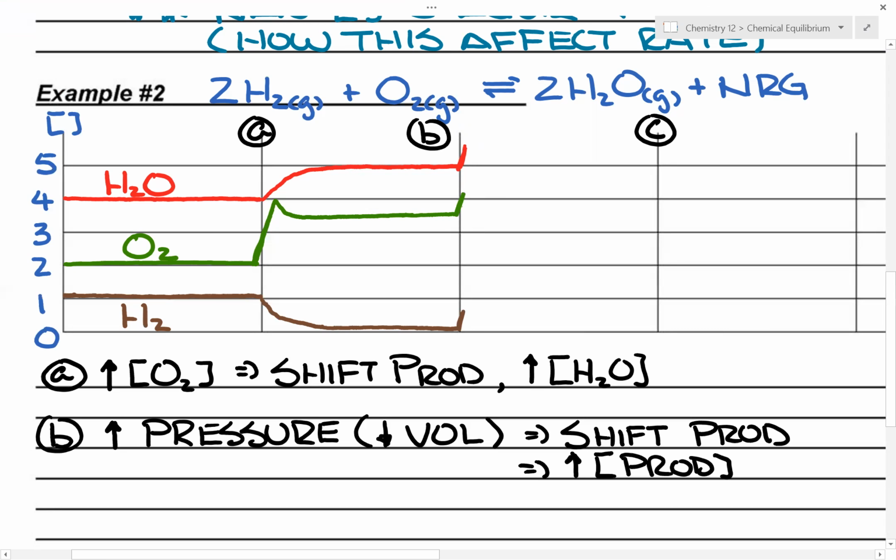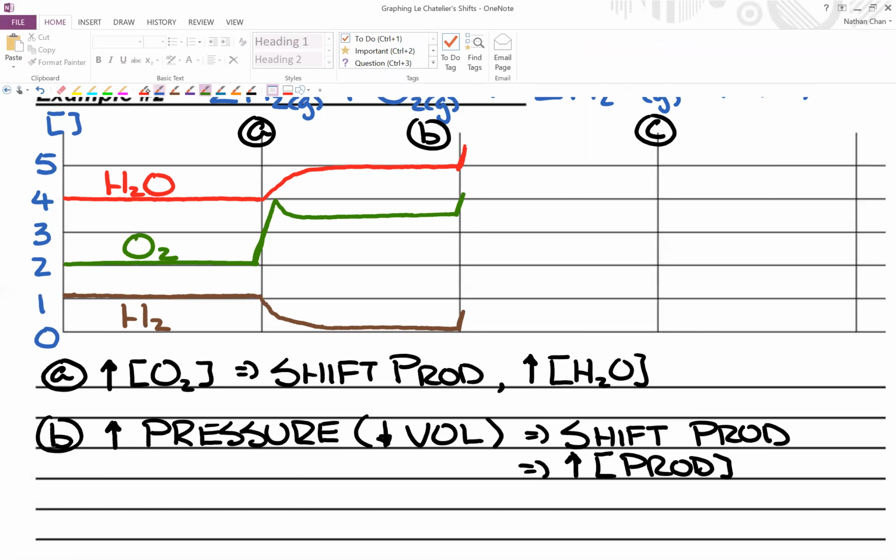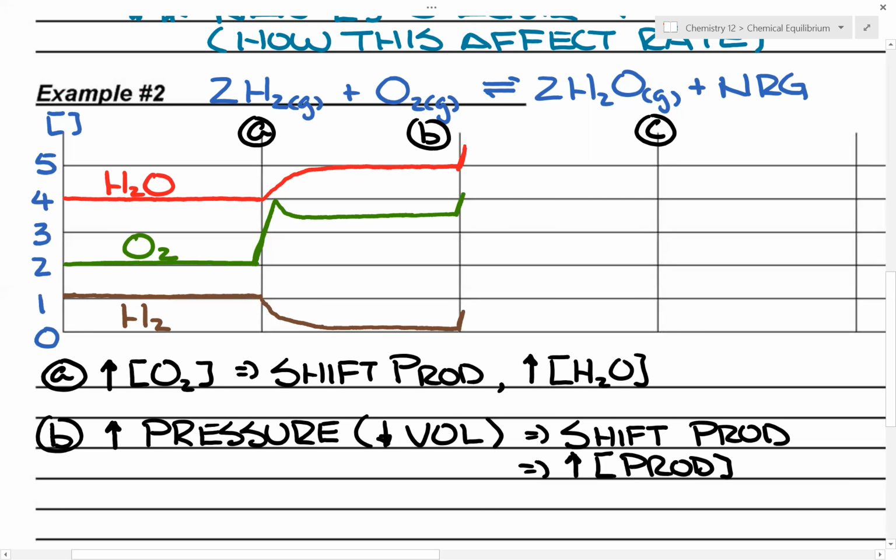It's because when you squeeze a vessel, when you squeeze a container, you cannot isolate just the products or just the reactants. And so as a result, all of the concentrations will either go up or go down, depending on if you had increased the pressure or decreased the pressure. Okay, so in this case, because I increase the product, it will go up.